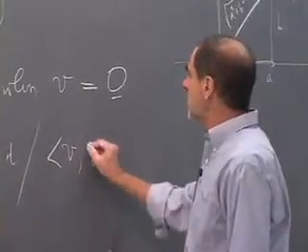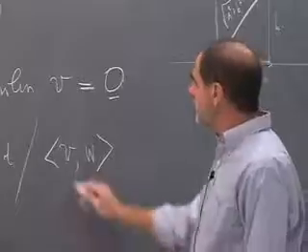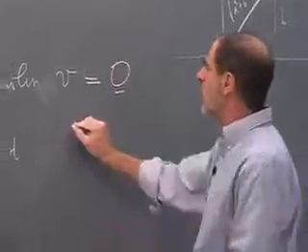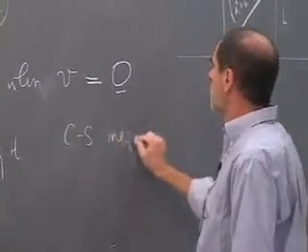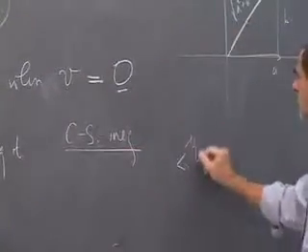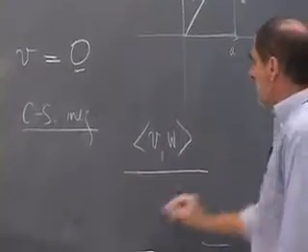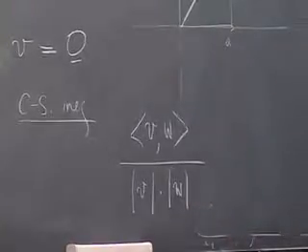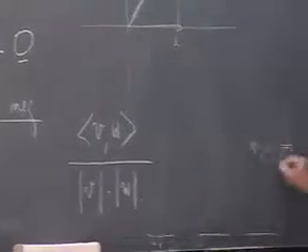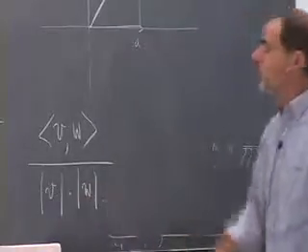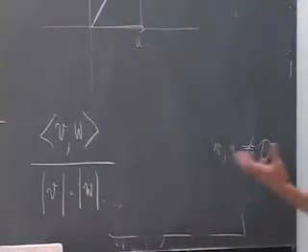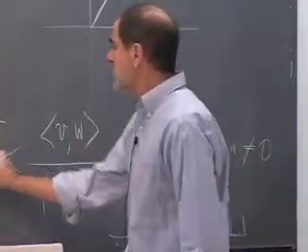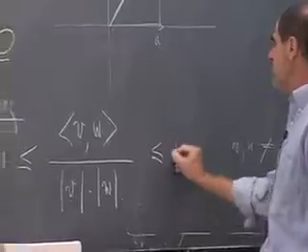There's something called the Cauchy-Schwarz inequality, which I won't prove here, that says that if you take the quotient of (V,W) by the norm of V times the norm of W, assuming that V and W are both non-zero vectors, so that these norms are non-zero and you can divide by them, you get a real number. These are positive real numbers. And this real number lies between -1 and +1.